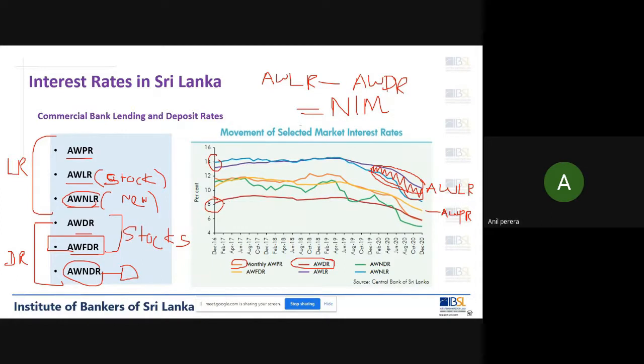So normally it's higher than the AWDR. Why? It captures new deposits in the economy. And then going down in the chart, if you look at the latter part of the chart, you will see the new deposit rate is lower than the AWDR, which indicates deposit rates in the economy have gone down.